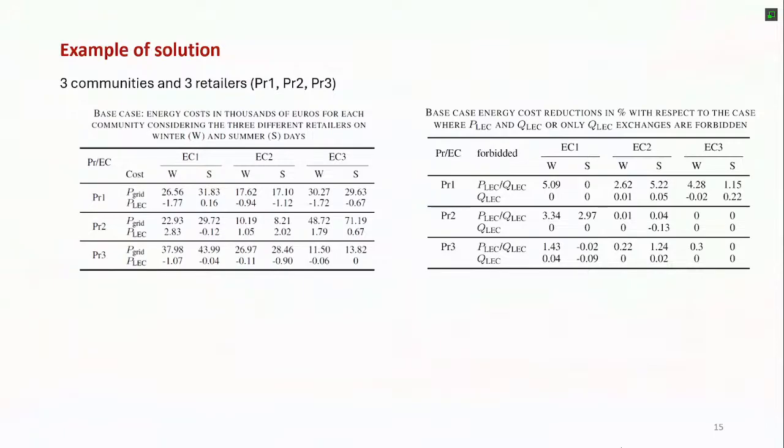These are just the costs in thousands of euros. These lines are the resellers, and these are the communities, winter days, summer days. The first line is the cost for P-grid, so for the consumption from the reseller. And the second line is PLEC, the cost of the internal transaction.